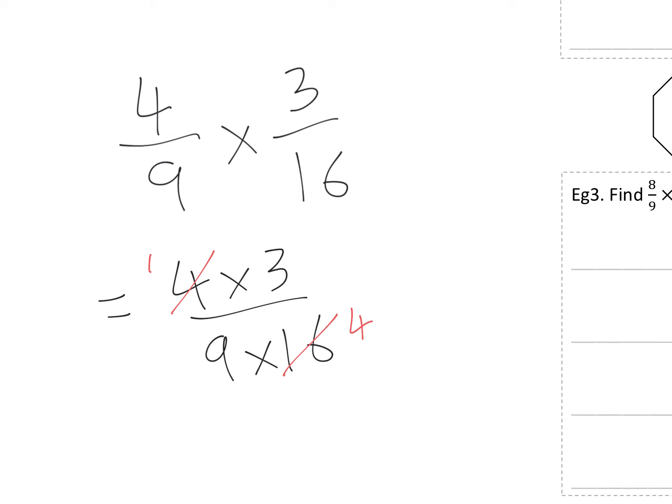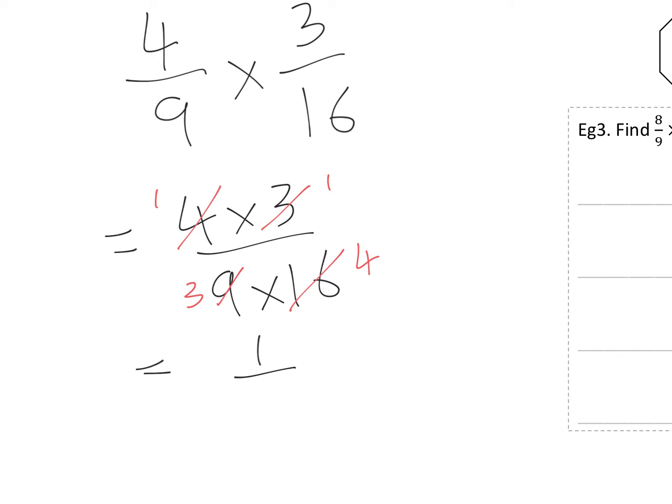And we can also see a common factor of 3. 3 divided by 3 is 1, and 9 divided by 3 is 3. So that gives, on the numerator, 1 times 1, which is 1. And on the denominator, we would have 3 times 4, which gives 12. And you can see then, because we simplified before the calculation, we end up with no simplifying at the end.